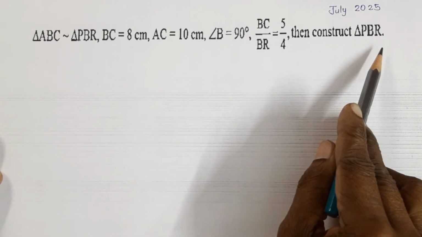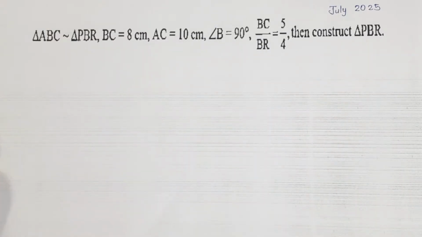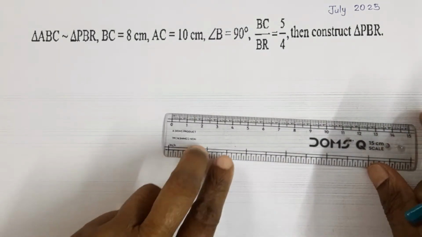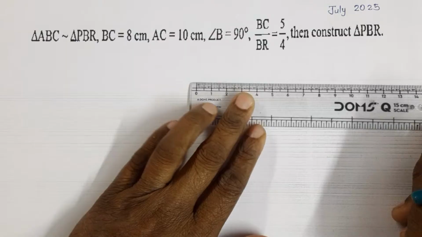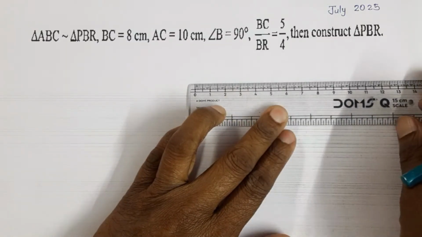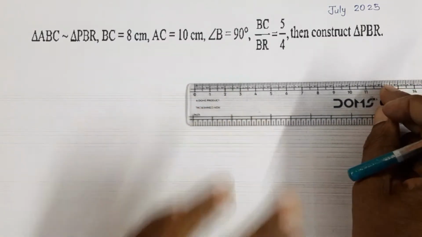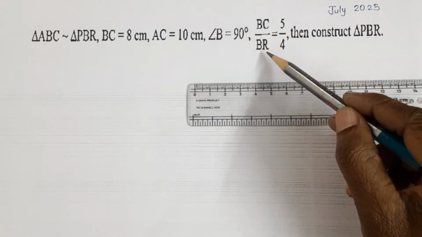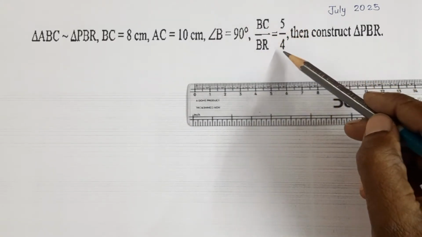Then construct triangle PBR. So first we draw the rough diagram. The given clue is that the ratio BC upon BR is equal to 5 upon 4.